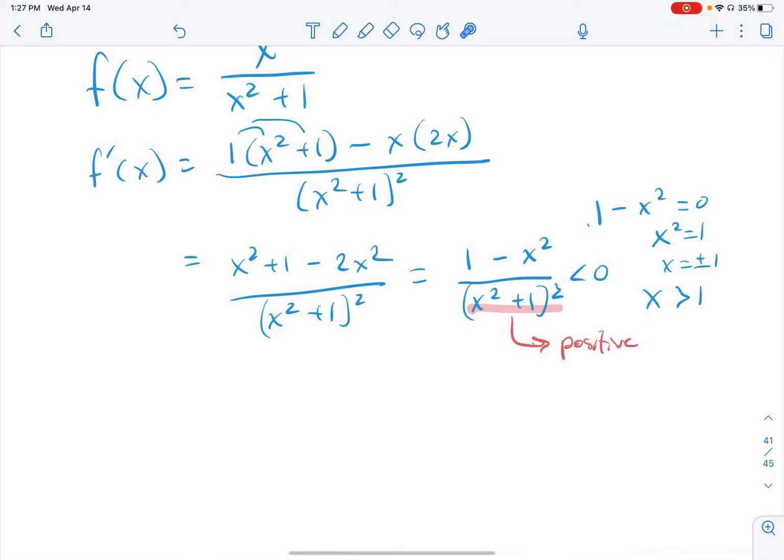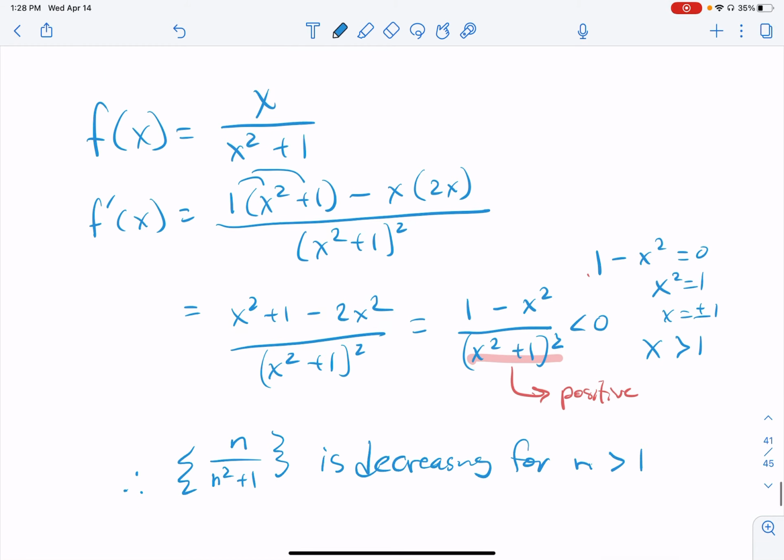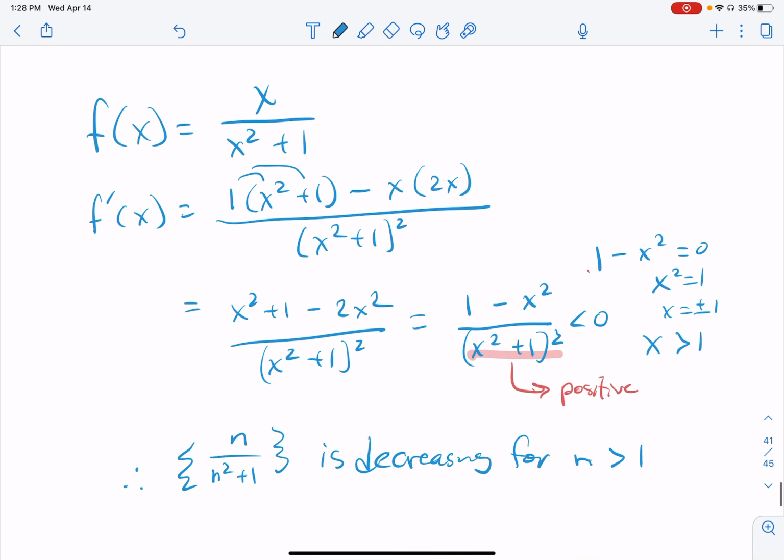If the function is decreasing, we can conclude that our sequence, which was n over n squared plus 1, must also be decreasing for n greater than 1. And that's pretty much all we would have to establish.